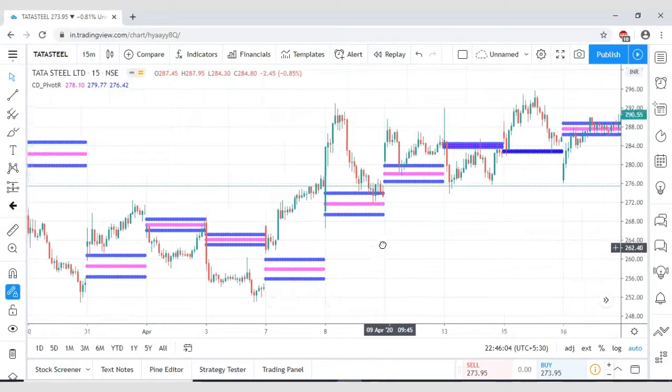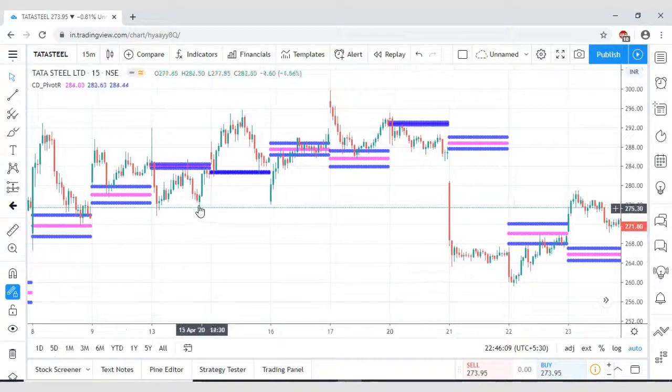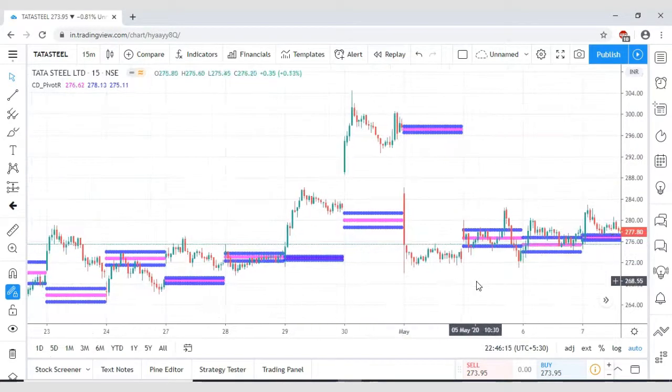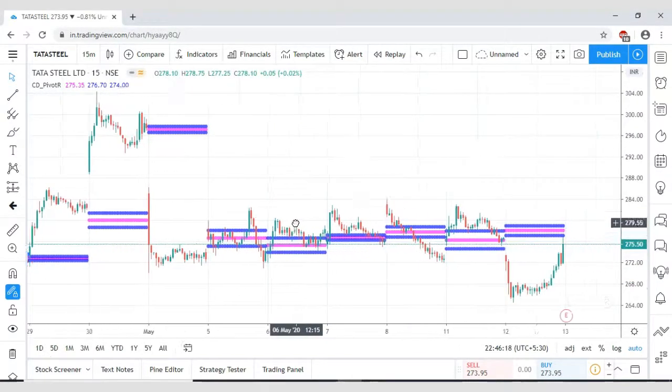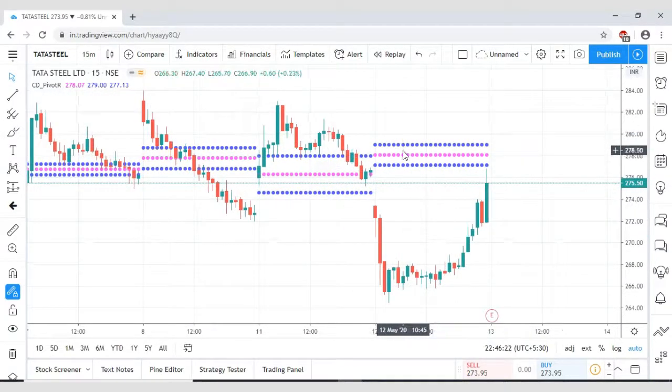Okay, so not only the CPR range, if you add the pivot levels, you'll get a lot of information, so that you can trade on the safest side possible. And see today, let's see today also, there are small gaps in between these lines, and there is a gap down, it has fallen back, and as currently the volatility is very high, it bounced back to the same CPR range level.